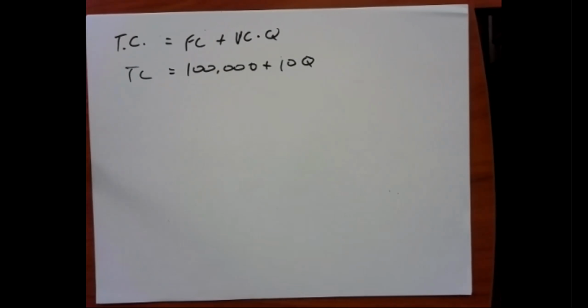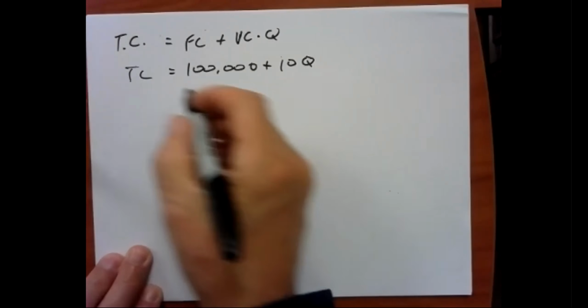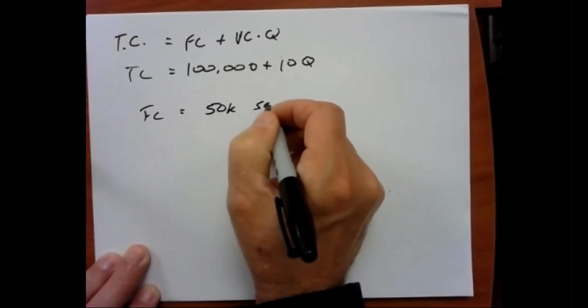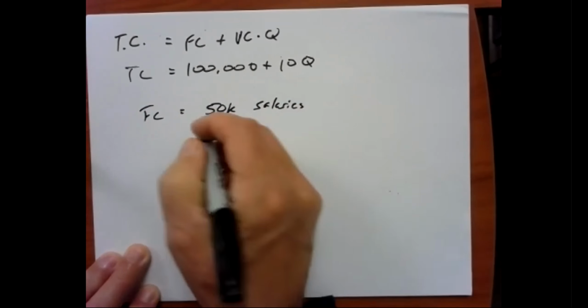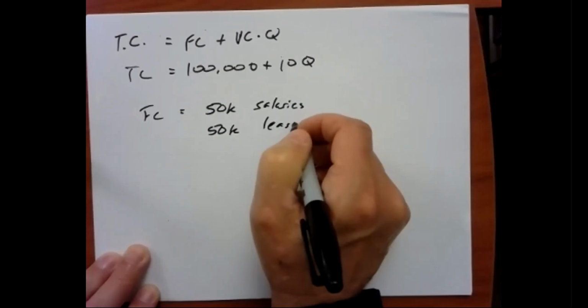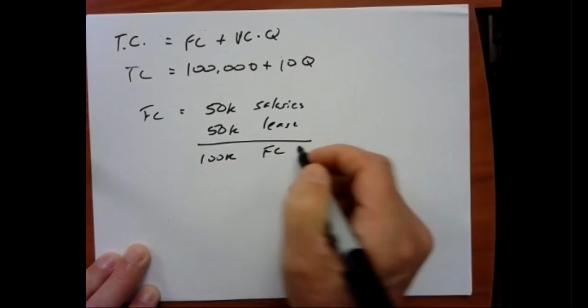When we left off, we were talking about a laboratory test that had fixed cost components consisting of $50,000 in salaries and $50,000 in lease expenses, for a total of $100,000 in fixed costs.